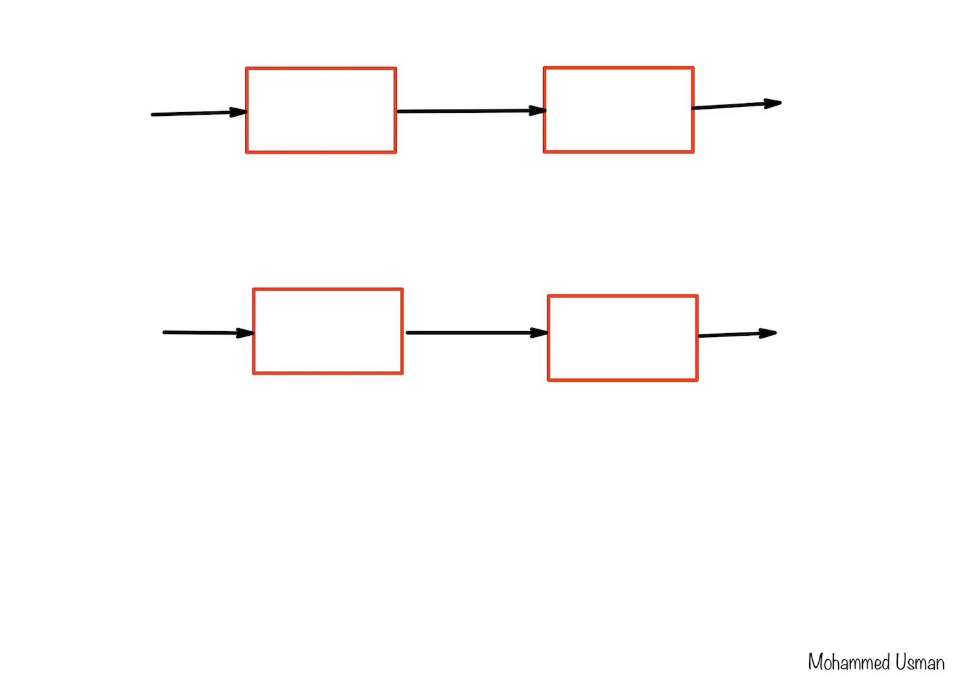Okay, so suppose we have a system that takes an input signal x of n, and the first subsystem has an impulse response which simply doubles x of n. So it is just going to multiply it by 2. So the output that we get from the system is 2 times x of n, and the second subsystem is going to square the value.